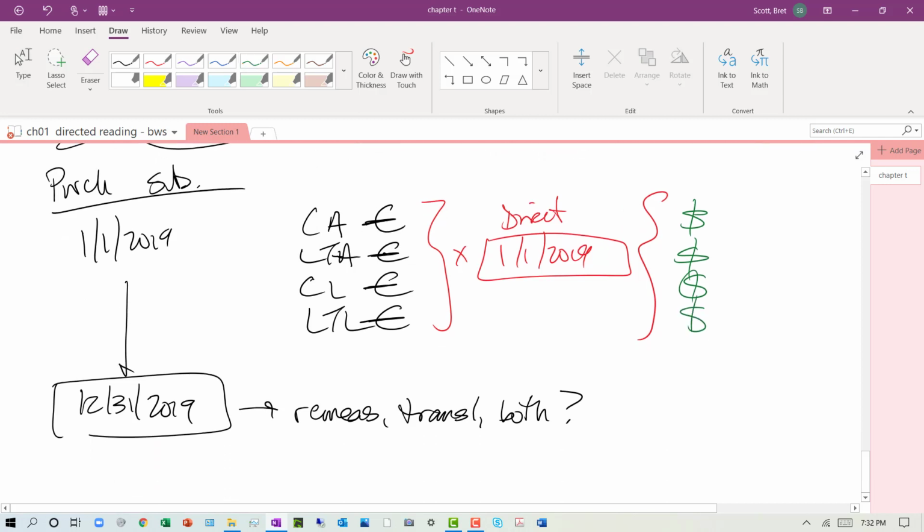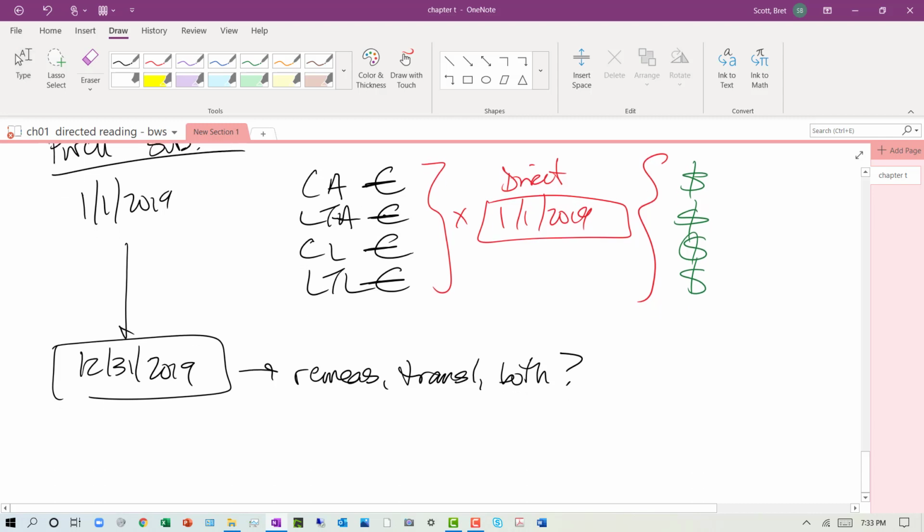So keep that in mind. I don't like to complicate things too much. When I'm talking about 12/31/2019 into 12/31/2020, yes, we worry about a carryover effect from prior year exchange rates. But as of 1/1/2019, we don't have a problem with any imbalances.